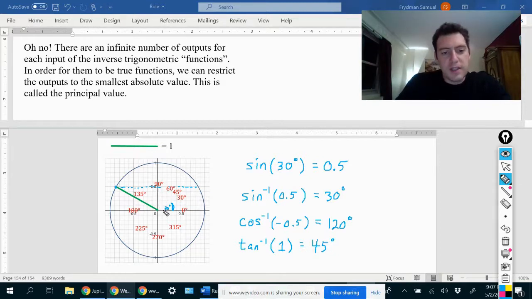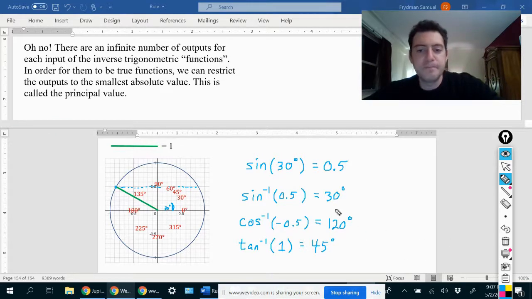So what angle is that? That would actually be, let's see, 150 degrees. From here all the way around to here is 150 degrees.